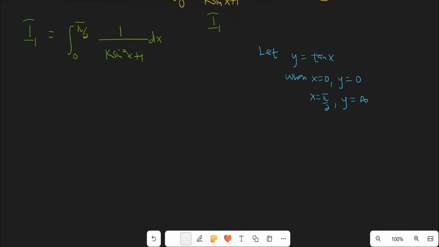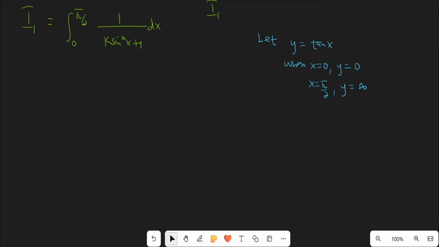So the limits will change from 0 to infinity. And now what about an expression for dx? From our substitution, we can write x as the tan inverse of y, and dx is going to be equal to 1 all over 1 plus y squared dy. So we have an expression for dx.